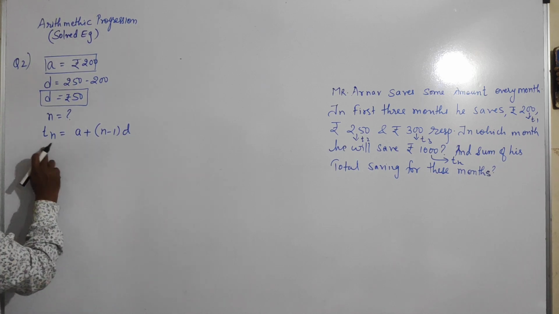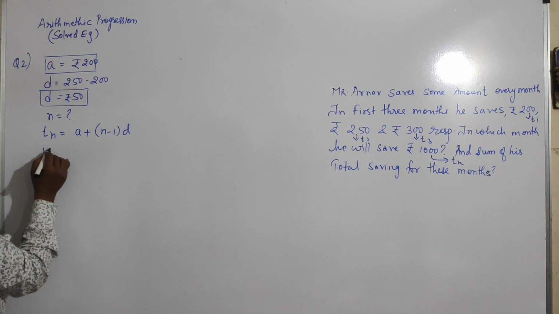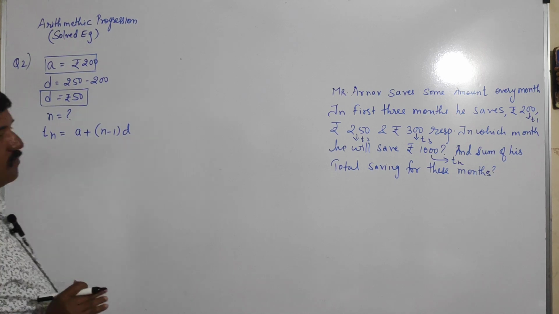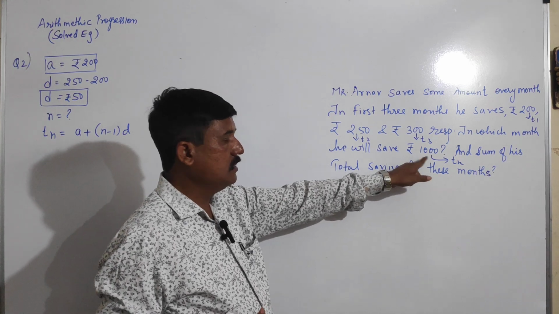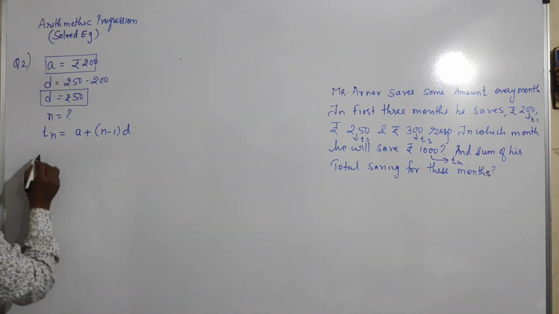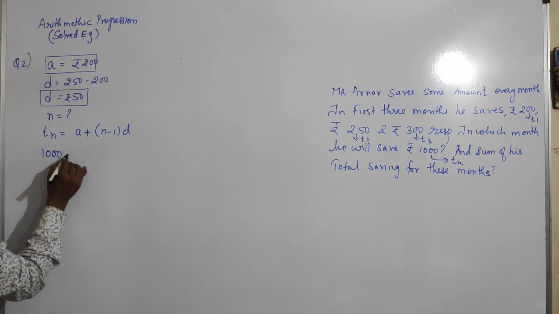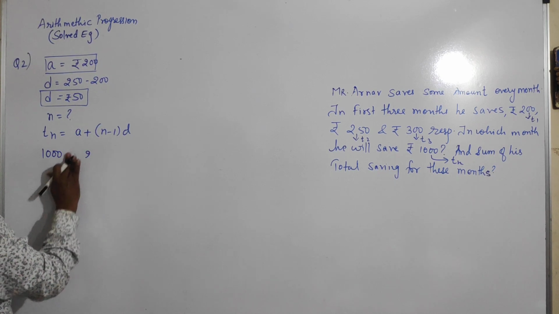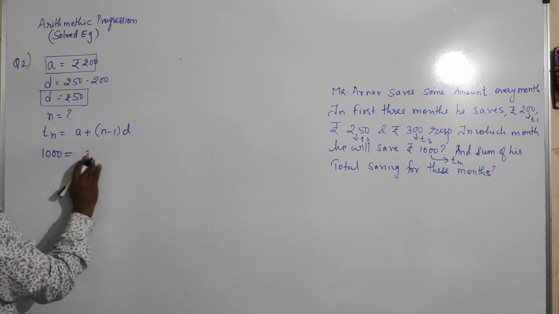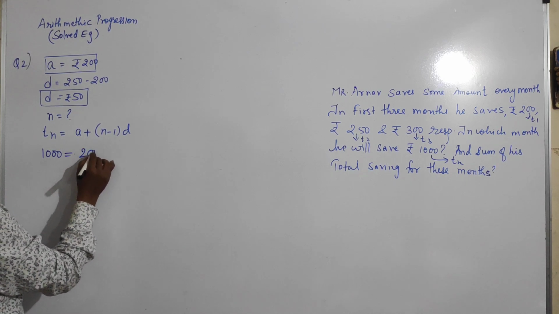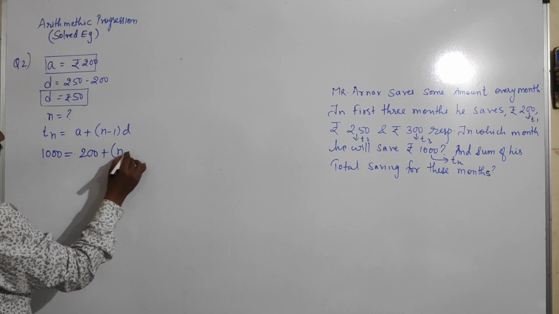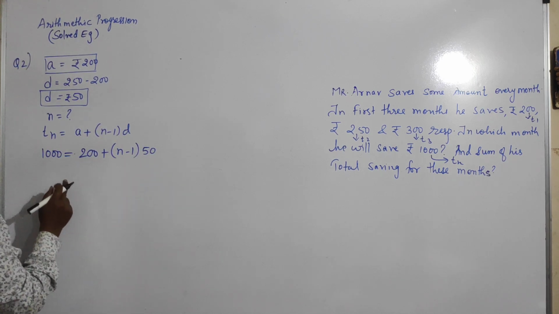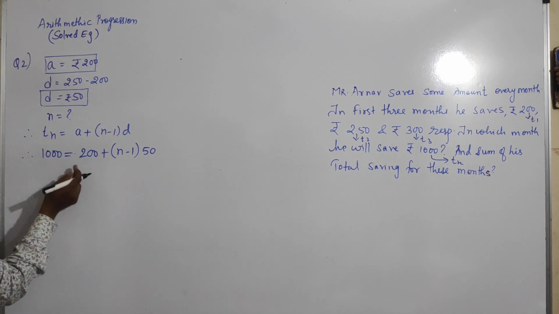What is the value of Tn? 1000. Right? 1000 is equal to the value of A, 200, plus n minus 1, and the value of D is 50. Now you have to solve the sum.